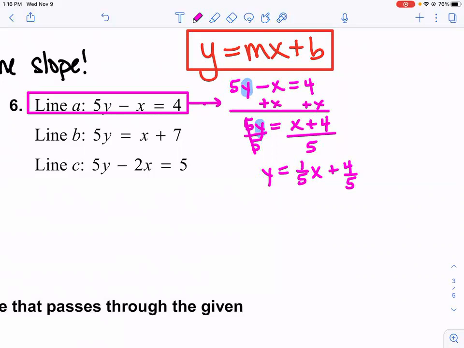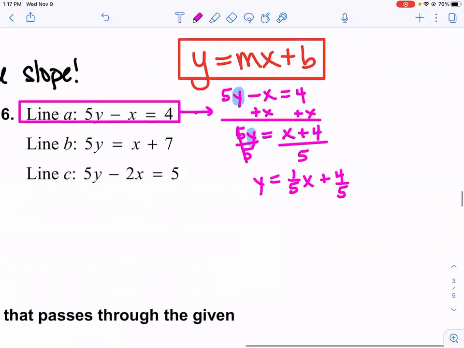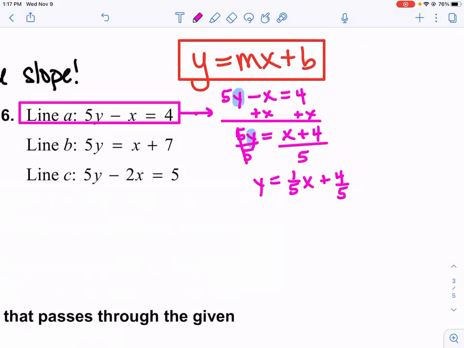Okay, Carter, what's the slope of this line? Yeah, so our slope is 1/5. All that work just to figure out the slope.